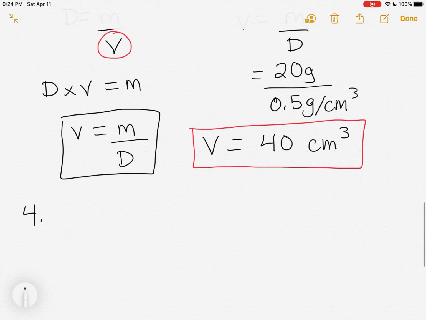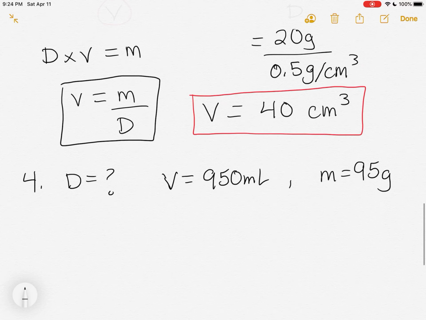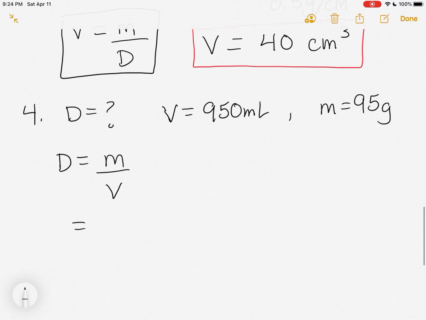Okay, so we're going to try one more. So our last practice question here, practice question number 4. And in this one, we are going to actually try and find the density again. We are given a volume of 950 milliliters, and we are given a mass of 95 grams. Okay, so here we're calculating our density, which will be mass divided by volume.